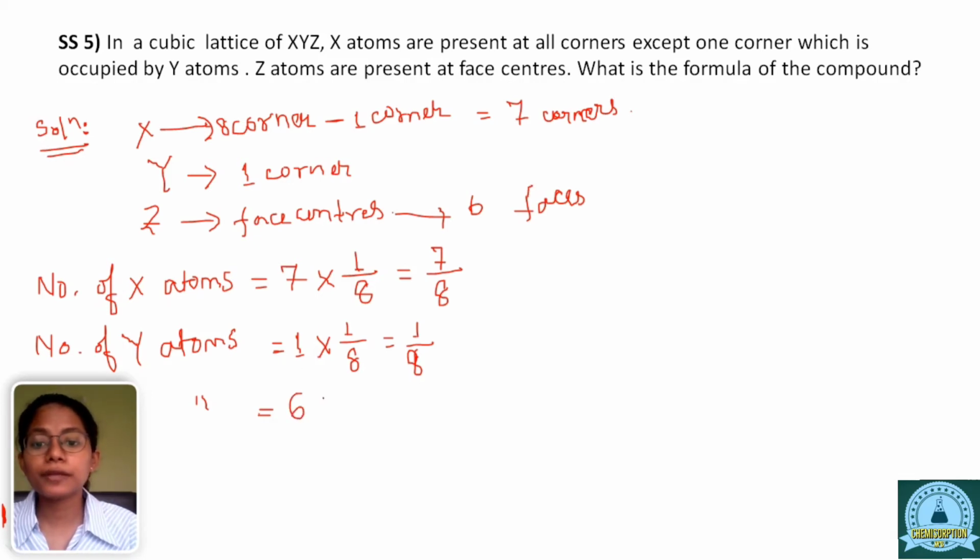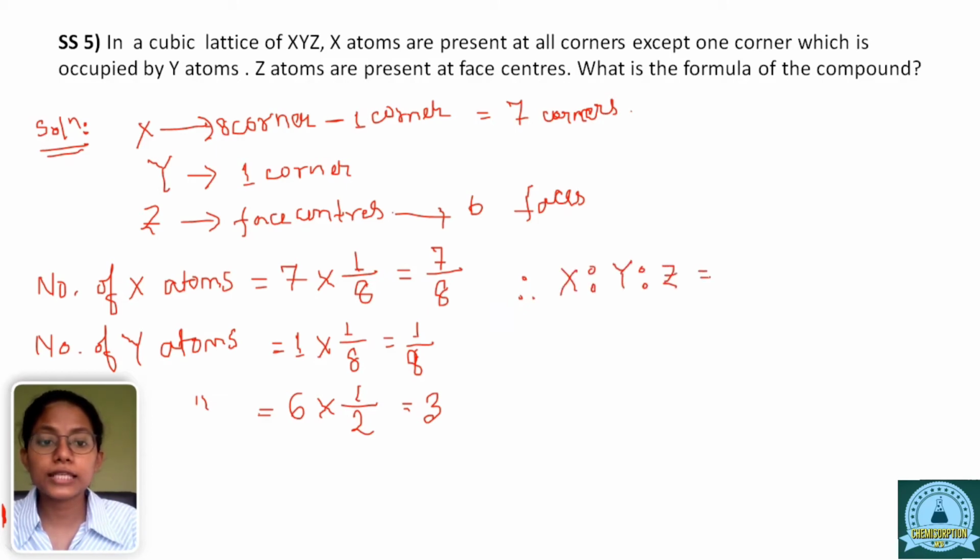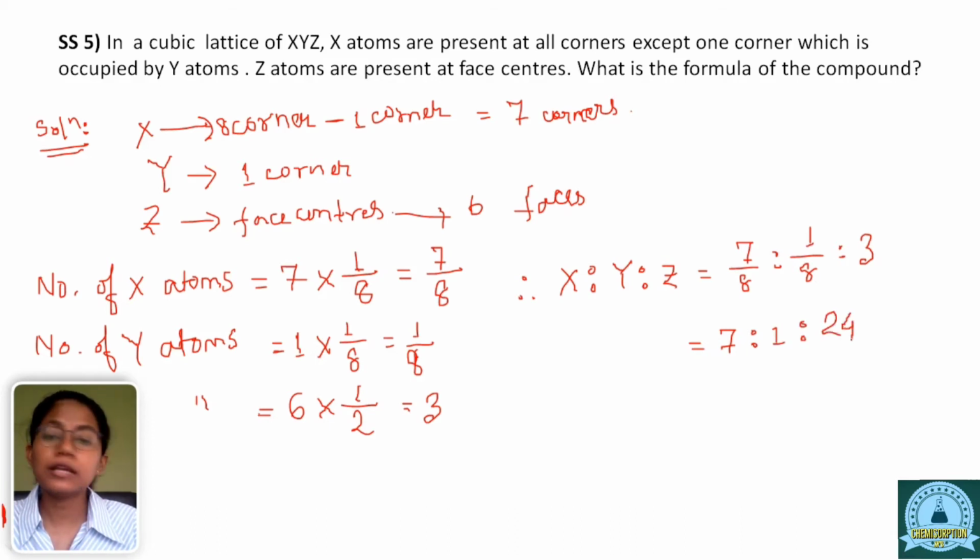So 6 faces occupied by Z atoms, and the contribution from this face center atom to the unit cell is half. Therefore, the number of Z atoms is 3. Therefore, the ratio X is to Y is to Z is equal to 7 by 8 is to 1 by 8 is to 3. So we will have 7 is to 1 is to 24. So the formula would be X7YZ24. So this is the formula.